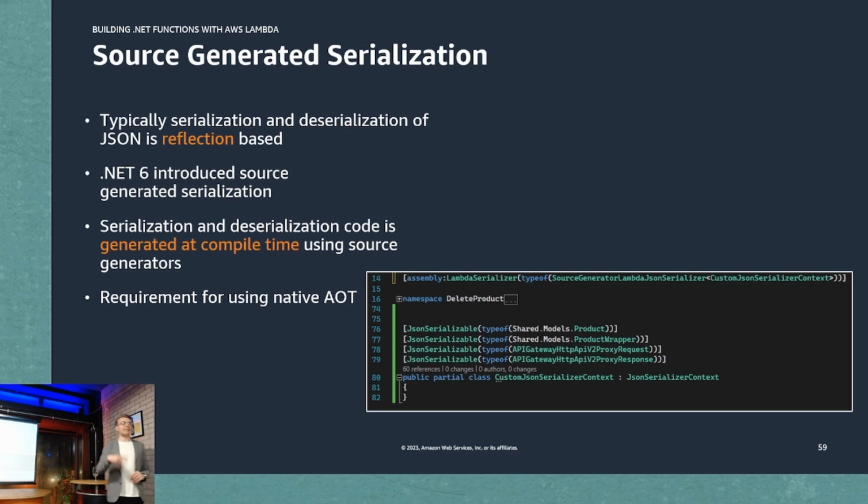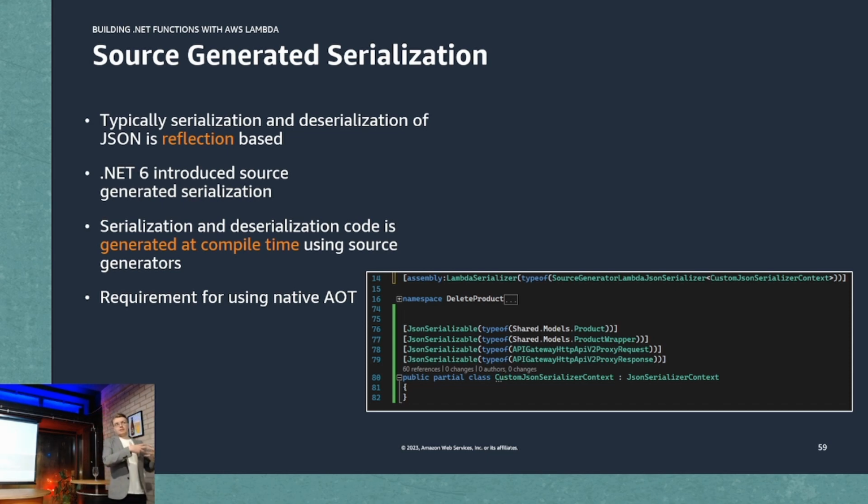So if you're doing anything dynamic or anything with reflection, that code will potentially be trimmed out. Now, the two biggest JSON serialization and deserialization libraries in .NET both very heavily use reflection. That's Newtonsoft.Json and System.Text.Json, which is the Microsoft built-in one.